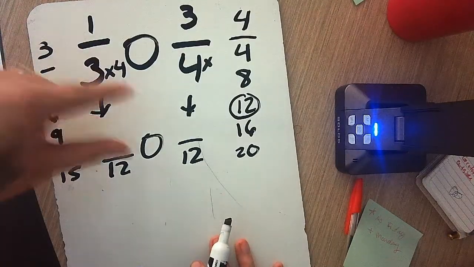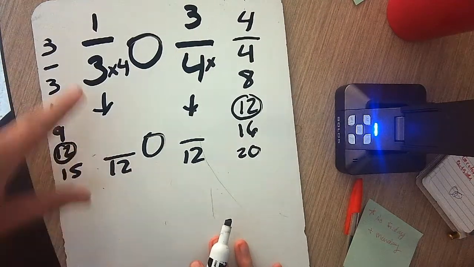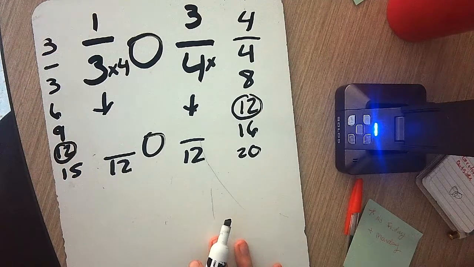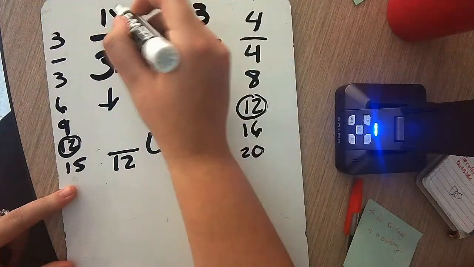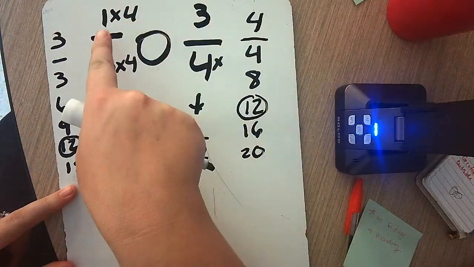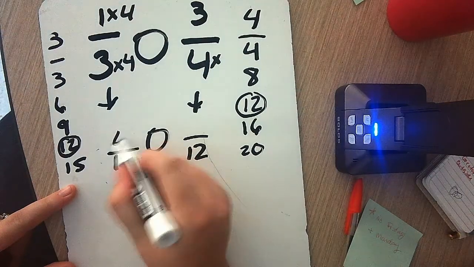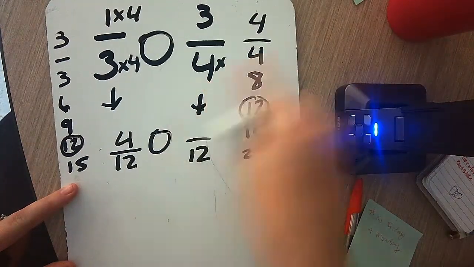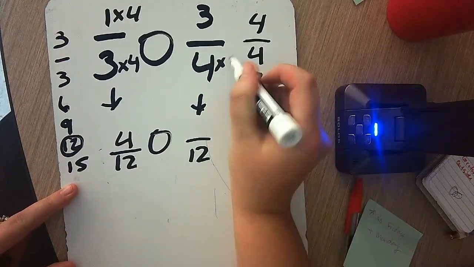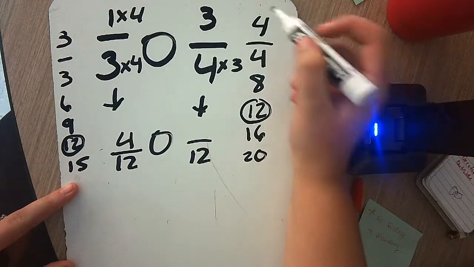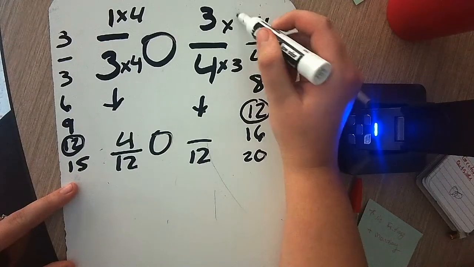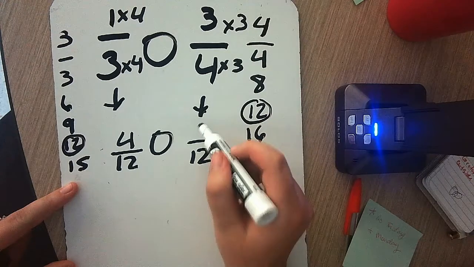So 3 times 4 gets the product of 12. So if I do it to the bottom, I've got to do it to the top. So I multiply by 4 up here as well, and the product of 1 and 4 is 4. Same thing here, 4 times 1, 2, 3 gets me 12, and if I do it to the bottom, I've got to do it to the top. And 3 and 3 gets you the product of 9.